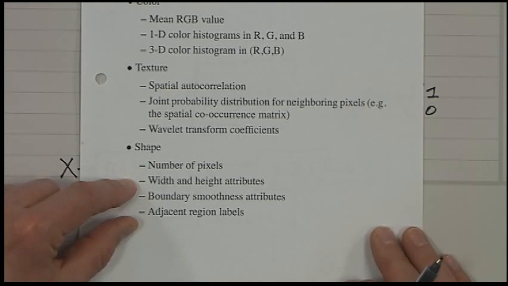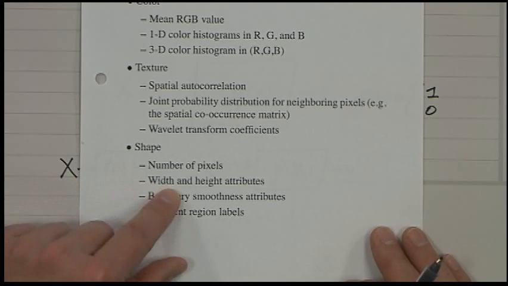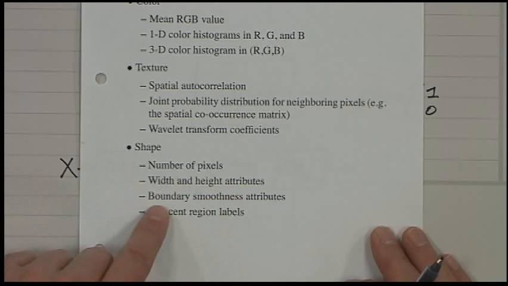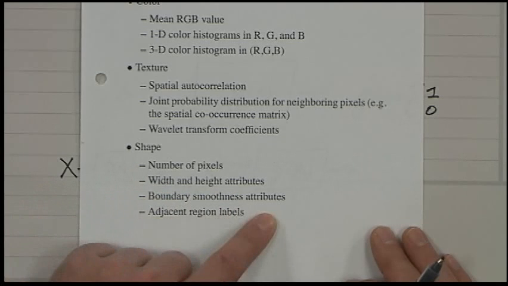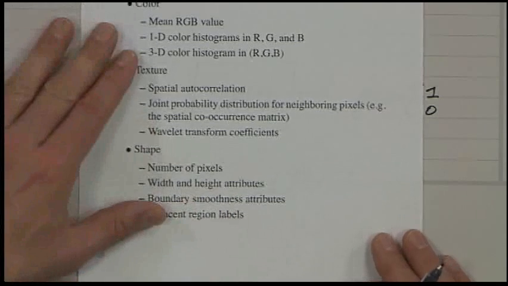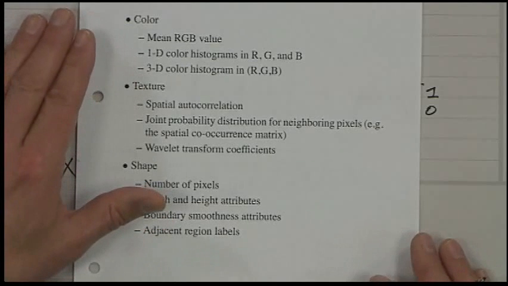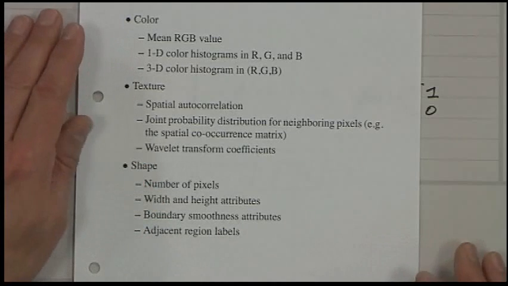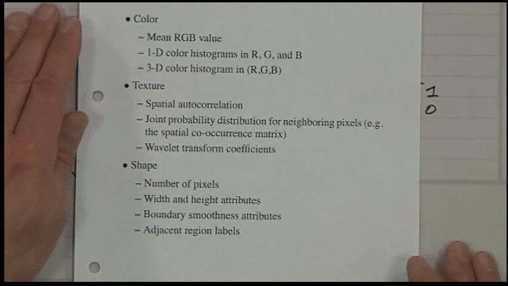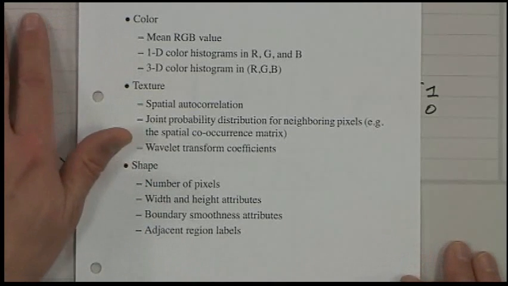If it's a region, it could contain information about the width or height of the region, the relative adjacency, or boundary smoothness. The beauty of this framework is that you lose something, because you no longer have access to all the information, but you gain a lot of simplicity.